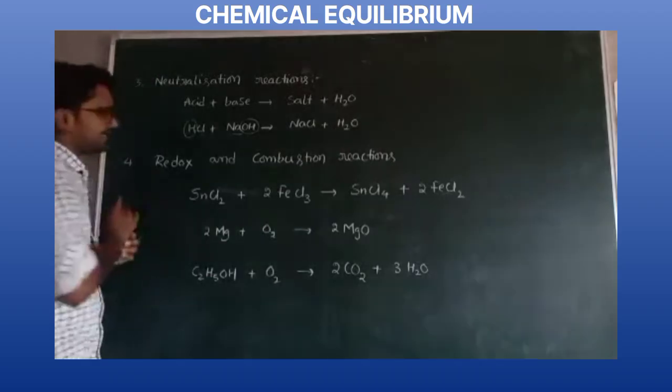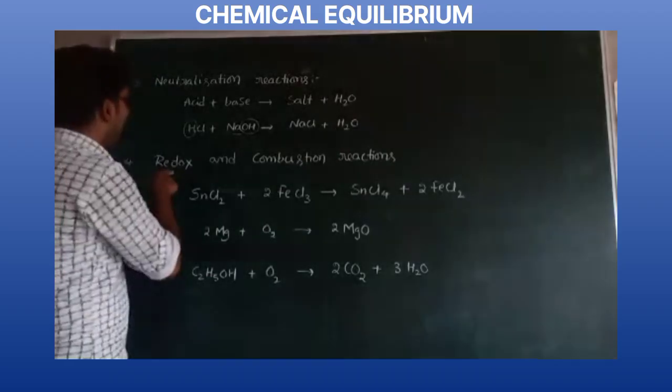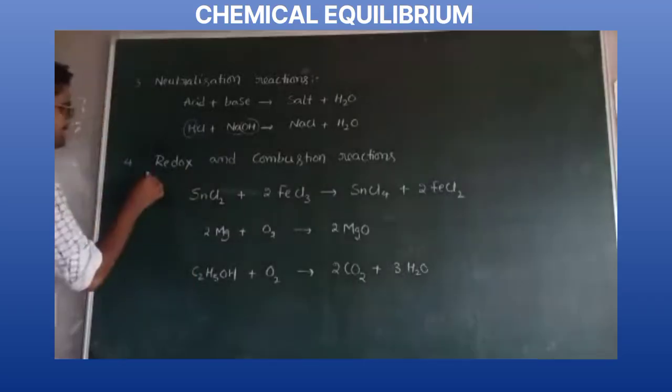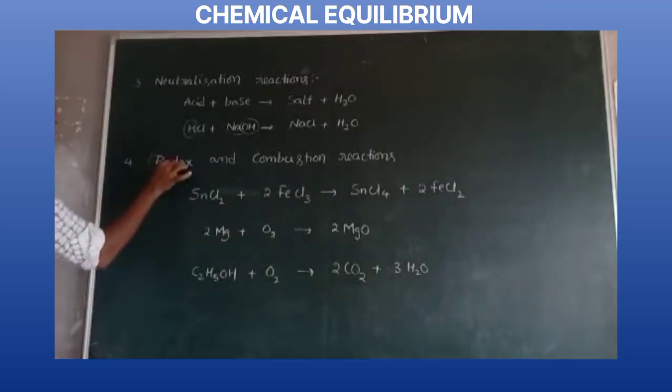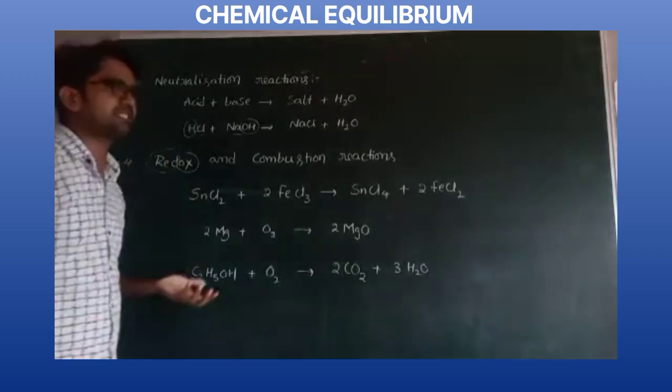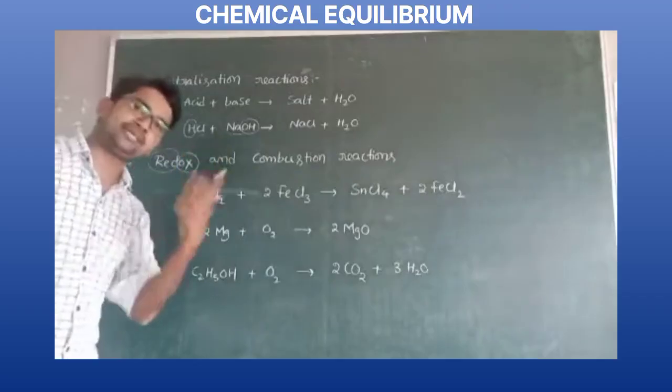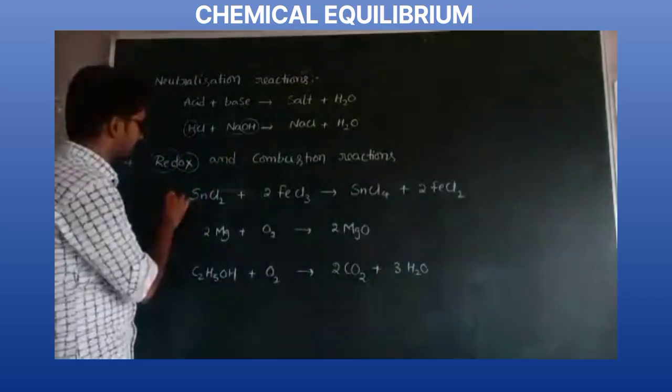Next examples are reversible reactions, redox reactions and combustion reactions. Redox reactions: RED means reduction, OX means oxidation. So oxidation and reduction reactions together are simply called redox reactions. This is a redox reaction.